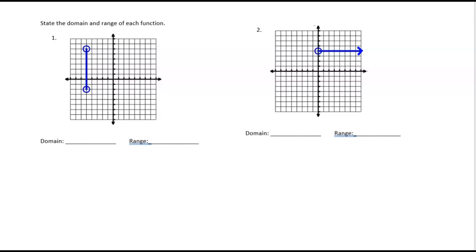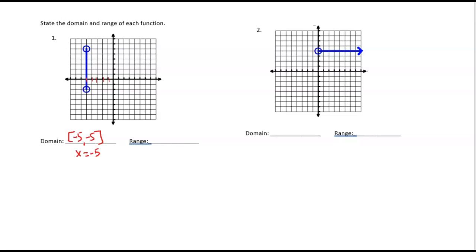Now for this one, notice that the graph is a vertical line. The vertical line is crossing the x-axis at 1, 2, 3, 4, 5. So notice that it's not going anywhere past the number -5. You can either write it like this, -5 to -5, which is one way to do it, or you can just say x is equal to -5.